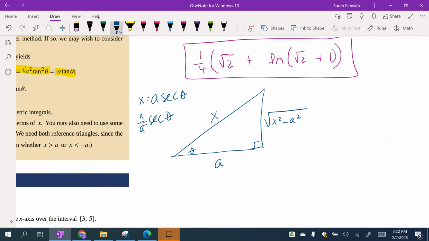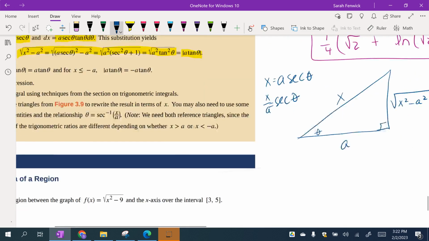So if you ever really wanted to, you could sit here and say sine theta equals square root of x squared minus a squared over x. My cosine theta is a over x. My tan theta is opposite over adjacent. And then you flip them over for cosecant, secant, and cotangent.